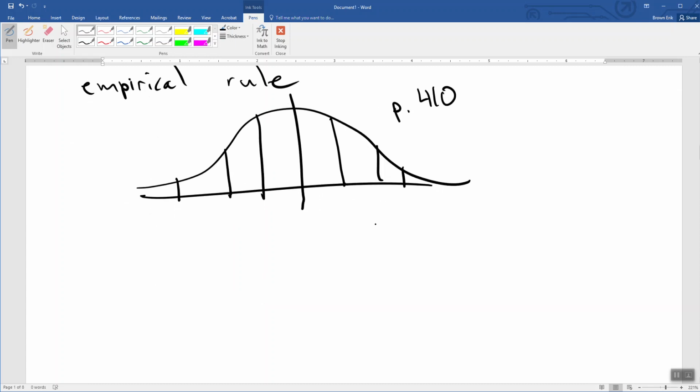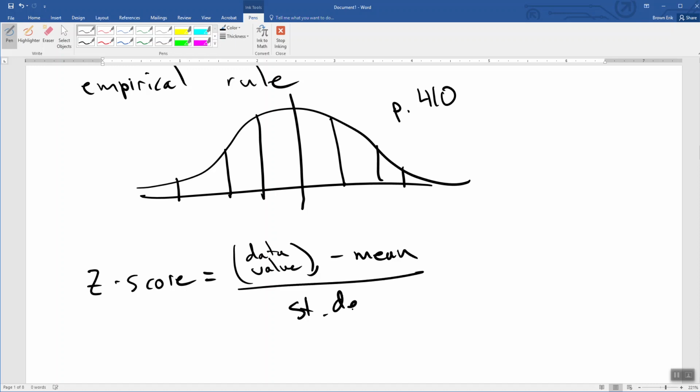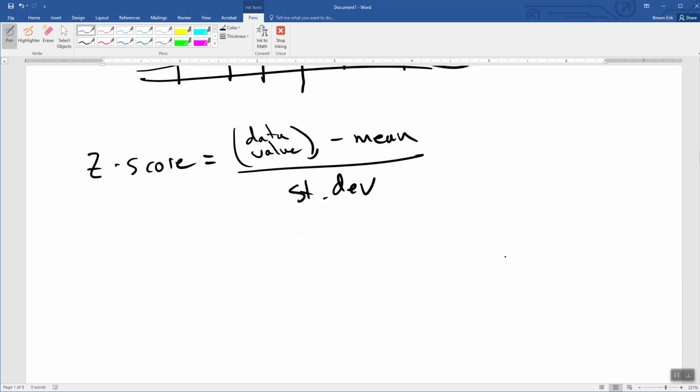So there's that, and then you need to know how to calculate a z-score. And that's just the data value minus the mean divided by the standard deviation. It's like what you're doing in the notes or in the project. And then you need to interpret this.